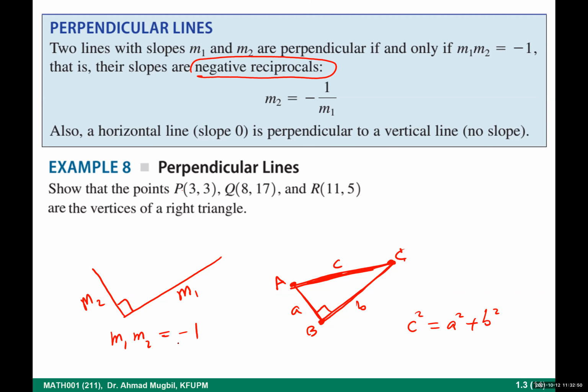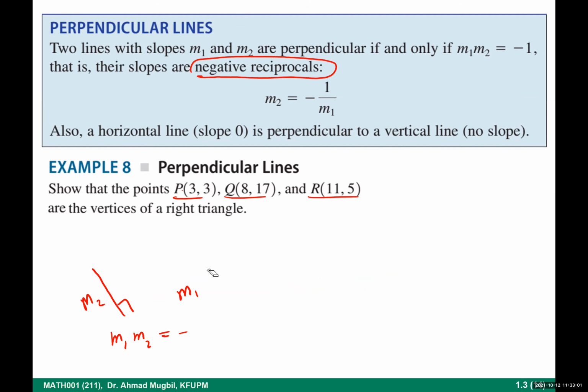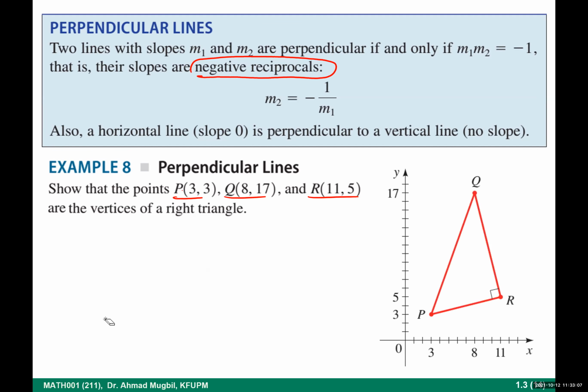Clear? So what do you think, Shabab? Which point here is the corner, the vertex that has the right angle? How to know? Slope. Any 2 points, just check the slope between them. Sketch the points. This is how to know which point it will be.